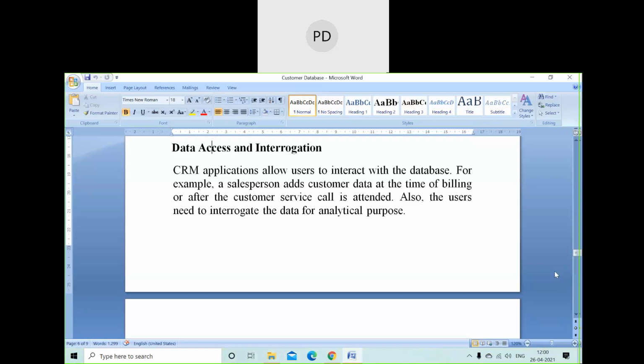Sometimes you are already subscribed, but still they would ask for some particular information like your mobile number to confirm, or the name, or the date of birth or something like that. Those data will be collected by the salesperson. So that is for verification, and that interrogation is done for confirming the data.